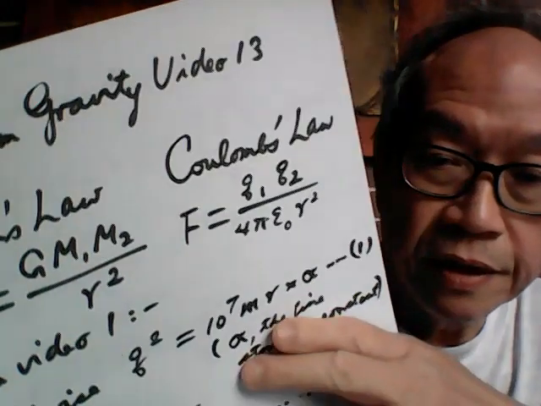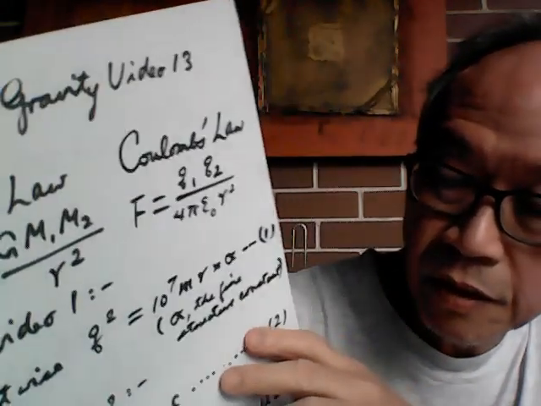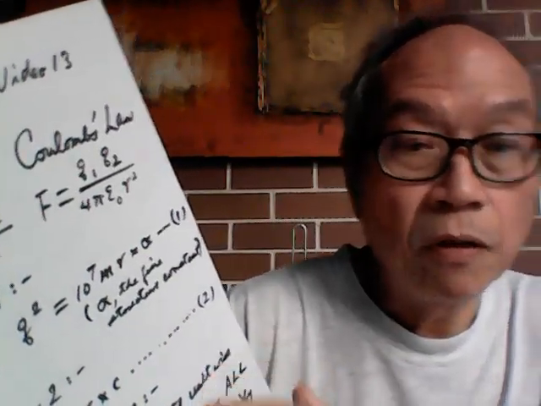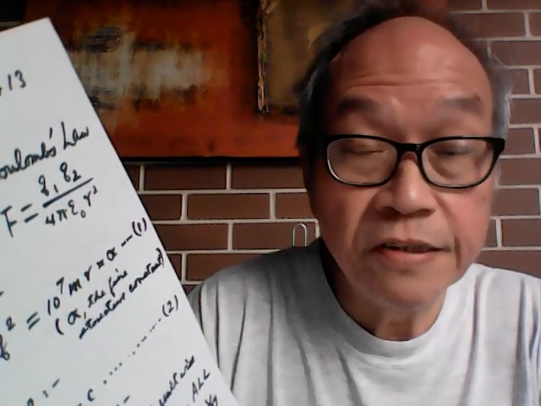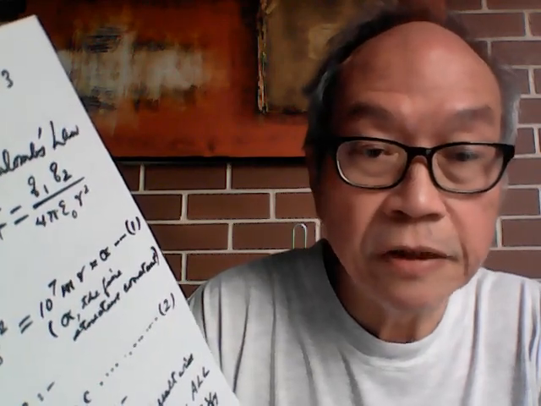The alpha here is the fine structure constant, and it's either 1 over 137.036 or 7.297 times 10 to the power minus 3, which is a dimensionless constant.